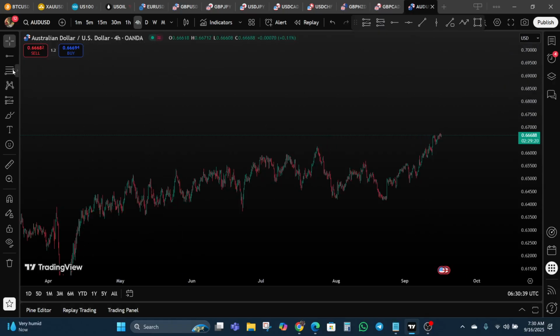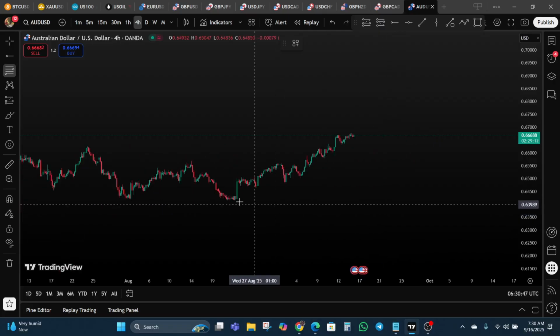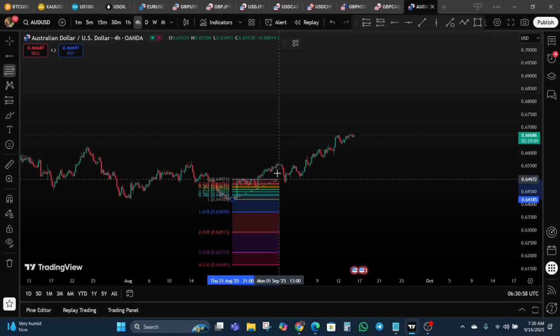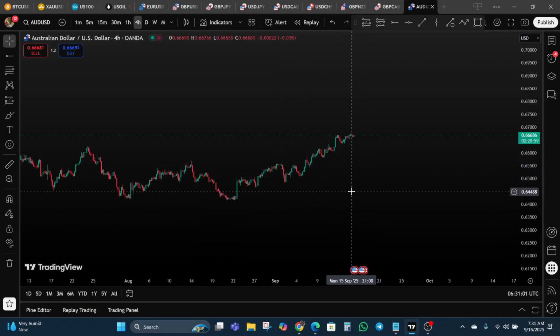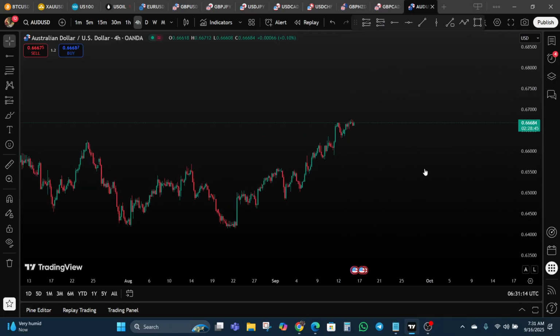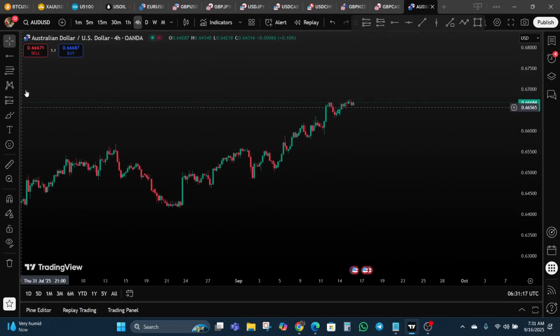Fibonacci levels can help you identify potential retracement zones where price may react before continuing in the main trend direction. So many traders use it to time entries or to set stop levels in a structured way.